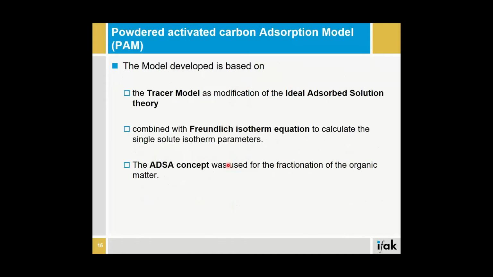Now, coming to the model that was developed in the simulation tool Simba. This model is based on the tracer model as a modification of EAST and is combined with the Freundlich isotherm equation to calculate the single solute isotherm parameters. The ADSA concept, which is the adsorption analysis concept, was used for the fractionation of the organic matter.